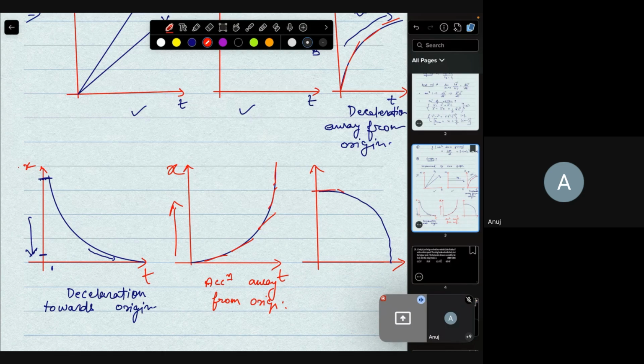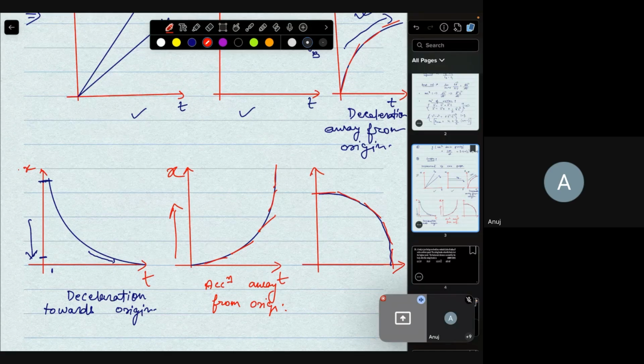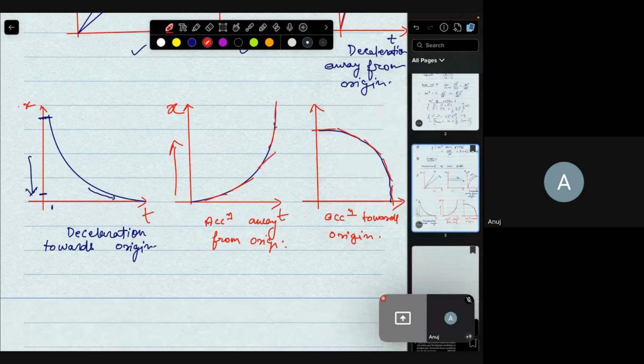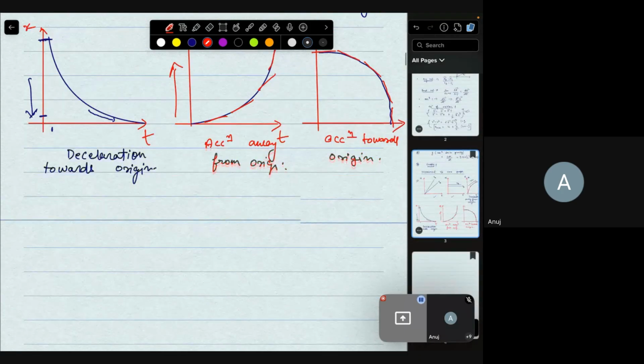That means 0 velocity. So slope is increasing but in negative direction. Away from the origin is the positive direction. Towards the origin is negative direction. So basically this is acceleration towards origin. Okay, clear?